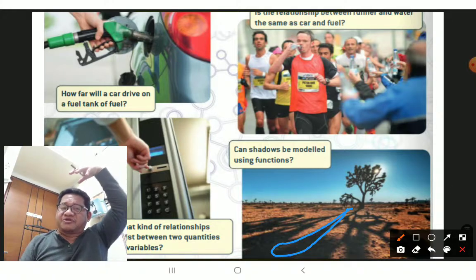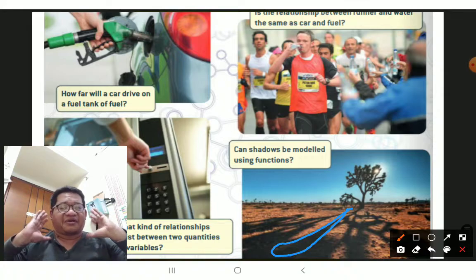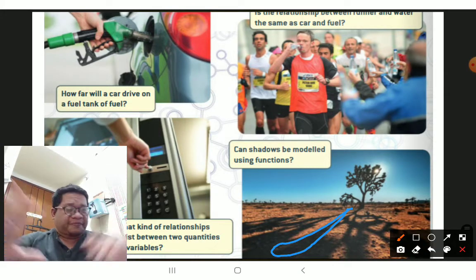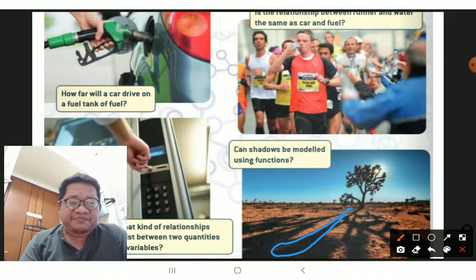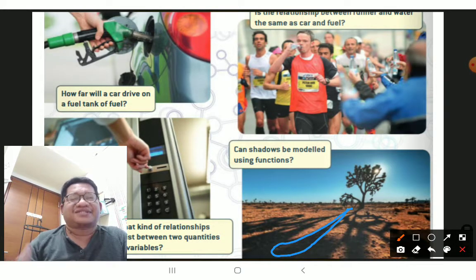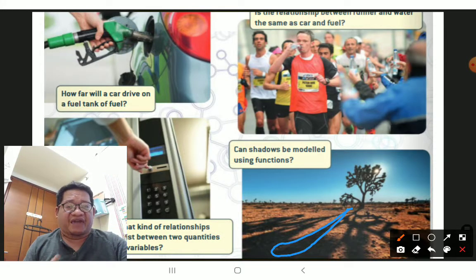Then as it moves around at 1, 2, 3 o'clock, the shadow is very long. Can you model that using a function? That's the type of thing that involves functions and patterns.